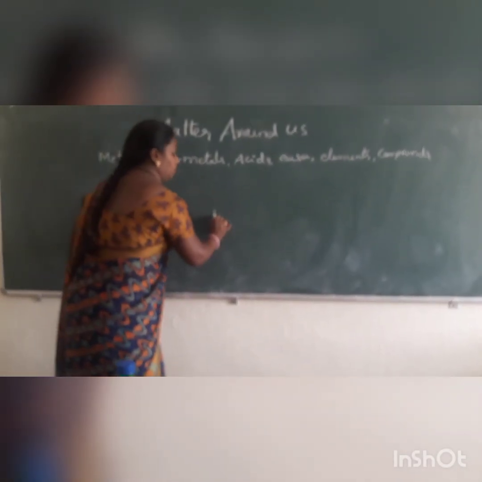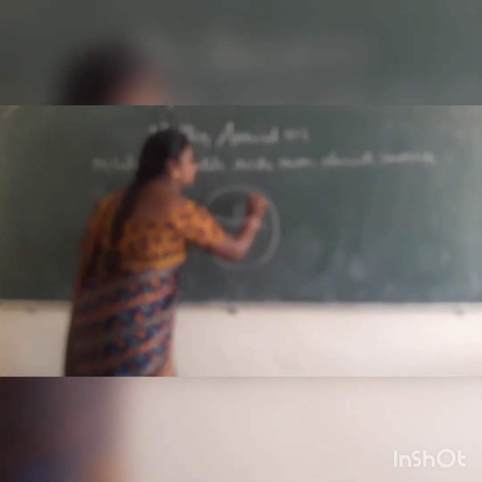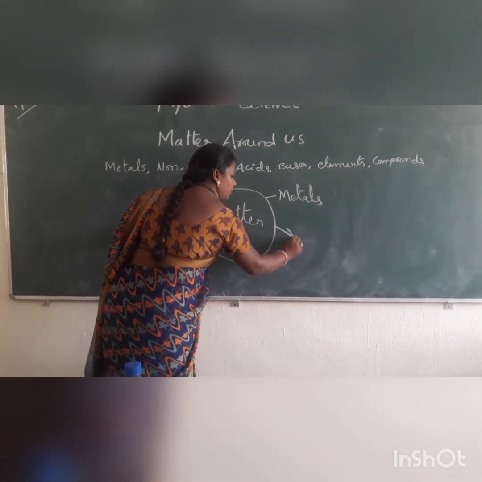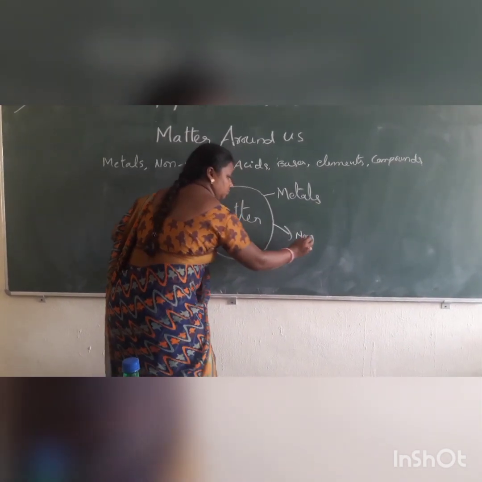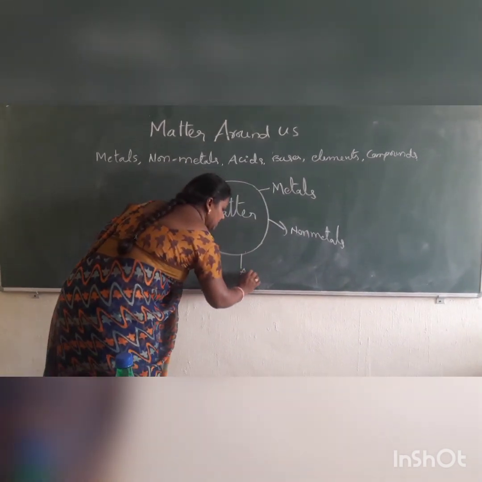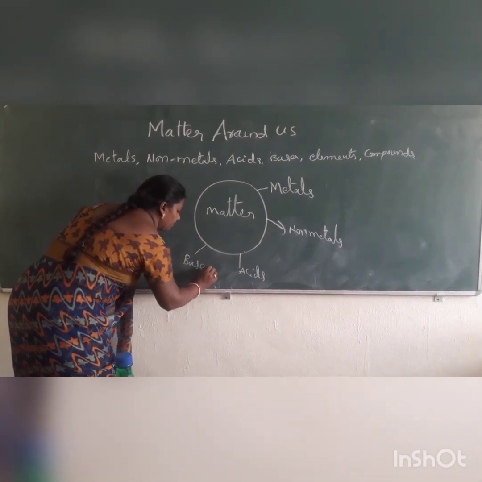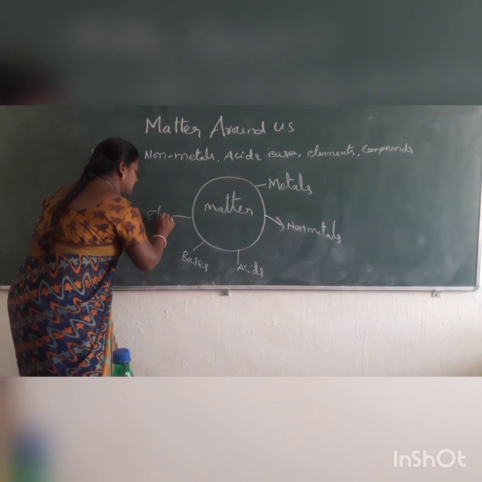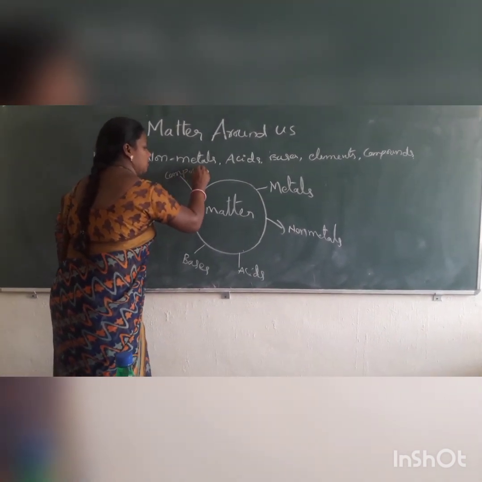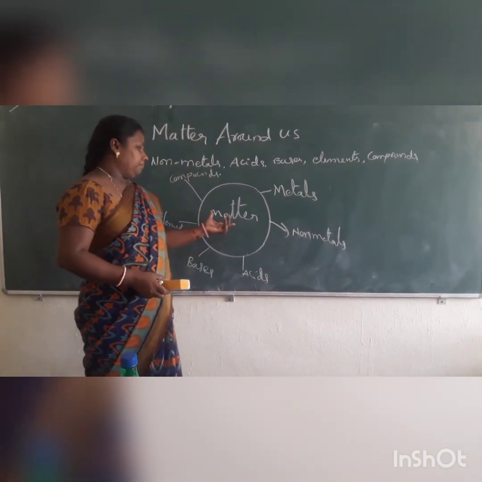All these things are made up of matter. What are they? Metals, non-metals, acids, bases, elements, compounds. These are made up of matter.